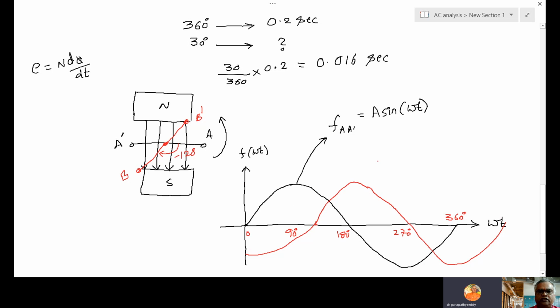So this signal is F of B dash equal to A sin omega t minus 120 degrees, lagging.